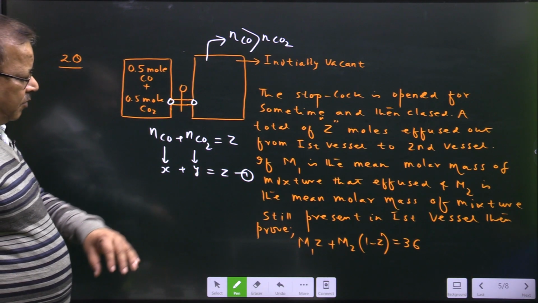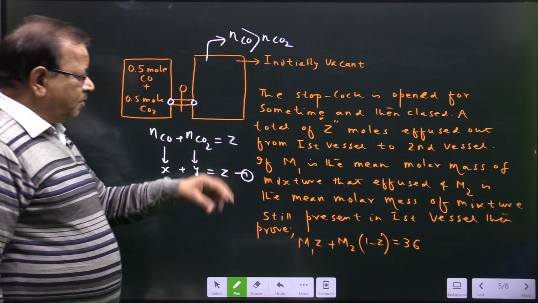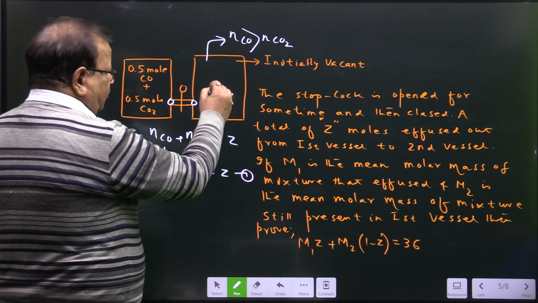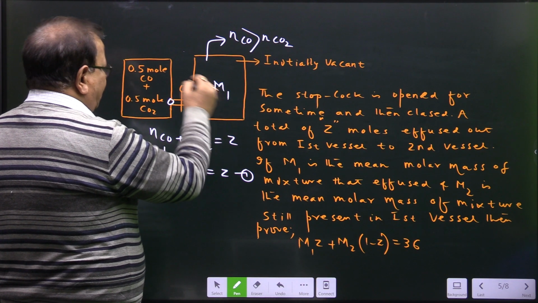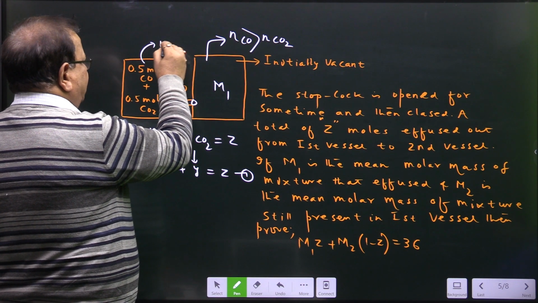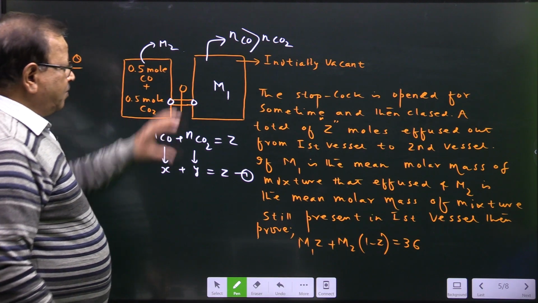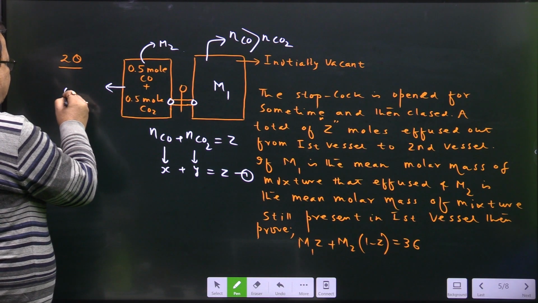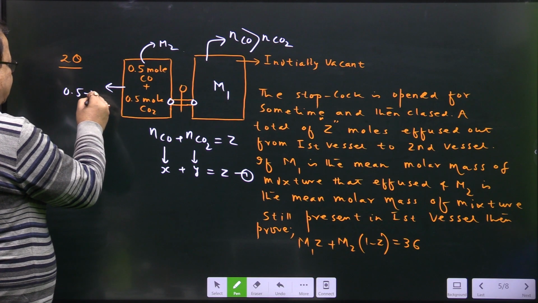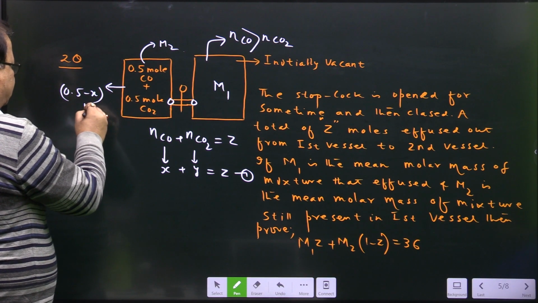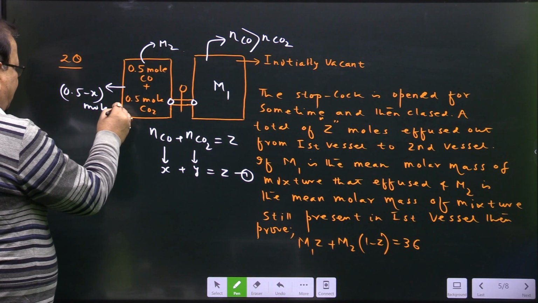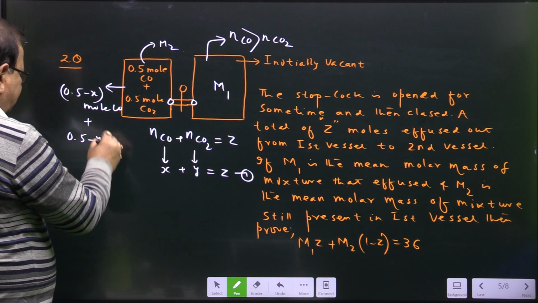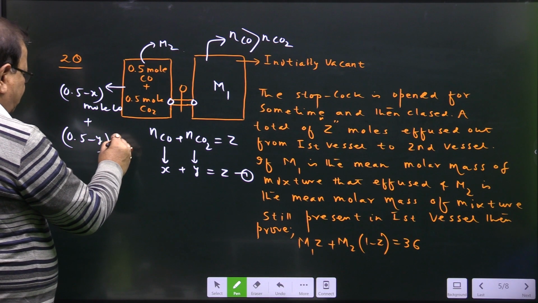In the next information ये कह रहा है M1 is the mean molar mass of the gas mixture that is diffused. इसमें जो आया इसका मोलर मास M1 है और इसका मोलर मास कह रहा है ये M2 है. तब देखो M1 मास क्या, X plus Y, इसमें बचा हुआ कितना मोल्स रह गया CO का, 0.5 minus X मोल हमारे CO रह गए, अब प्लस क्या है, 0.5 minus Y मोल्स हमारा CO2 इससे बचा रह गया.